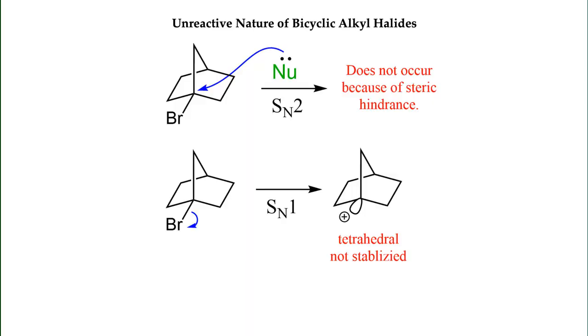Now look at this example where we have a bicyclic molecule. It is a locked molecule. You see the leaving group is attached to a carbon. It is tertiary, right? One would think, oh yeah, this is the best orientation for an SN1 reaction. But in reality, this reaction will never work.